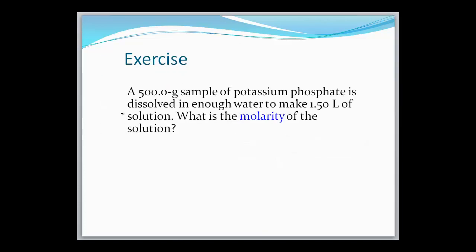Let's take a look at one more problem. We have 500 grams of potassium phosphate, so right away I'm going to write 500 grams potassium phosphate. It's dissolved in enough water to make 1.5 liters. What's the molarity? So remember, molarity is moles of solute over liters of solution.